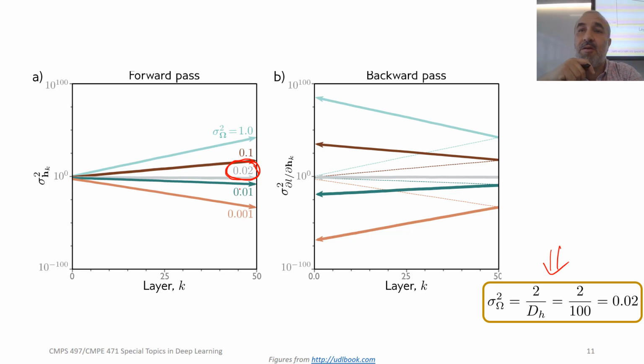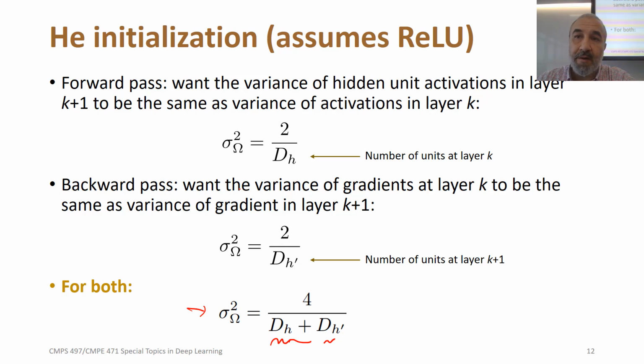Yes. This one? Yes. So here we have, remember, this is like omega 1, omega 2, omega 3, right? Omega is the matrix of weights, right? Here we are talking about sigma square of omega 1.